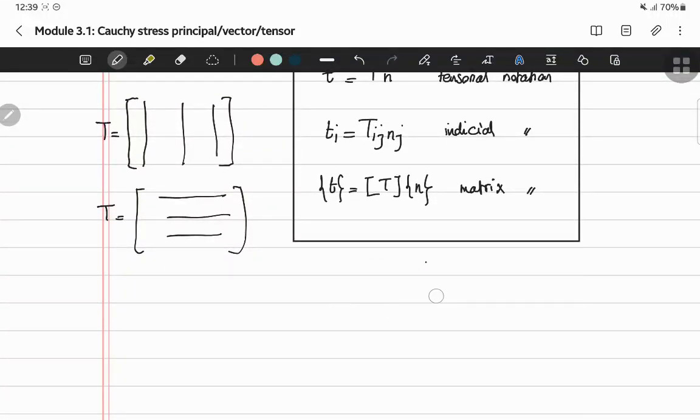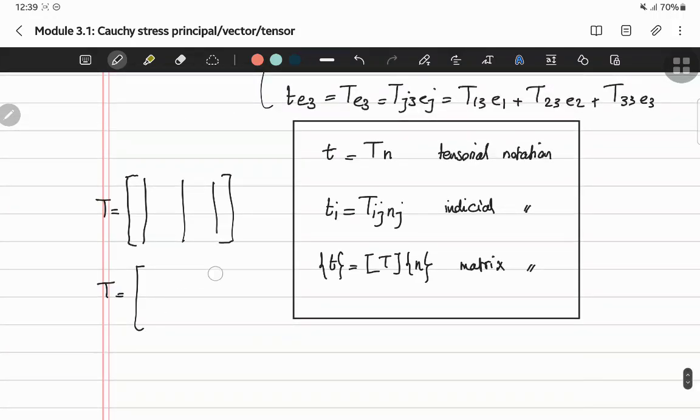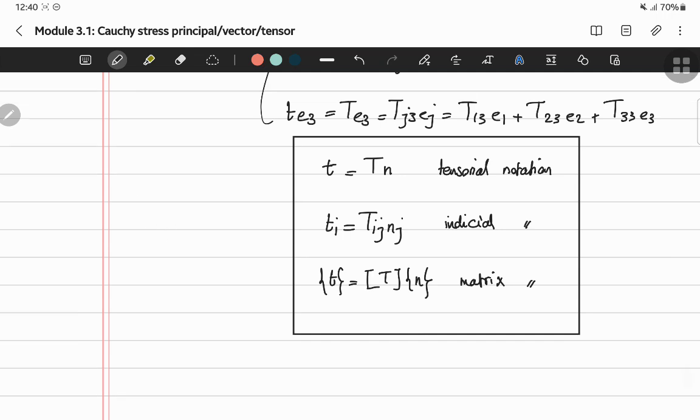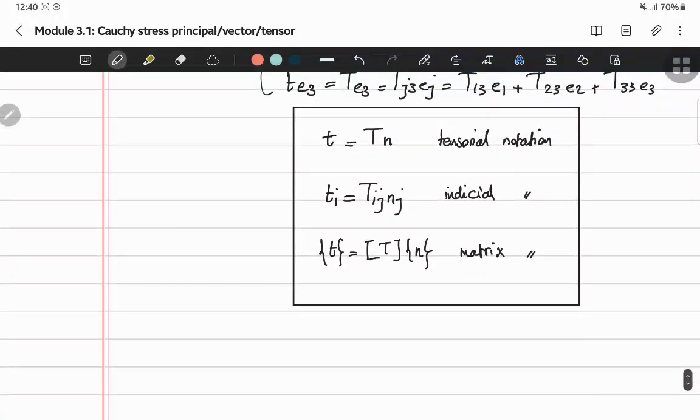But since T is a symmetric tensor with real values, this doesn't cause any problem because we know that T is equal to T transpose. So far, we concluded that T is a linear transformation. And next, we're going to give you some tips about this T.